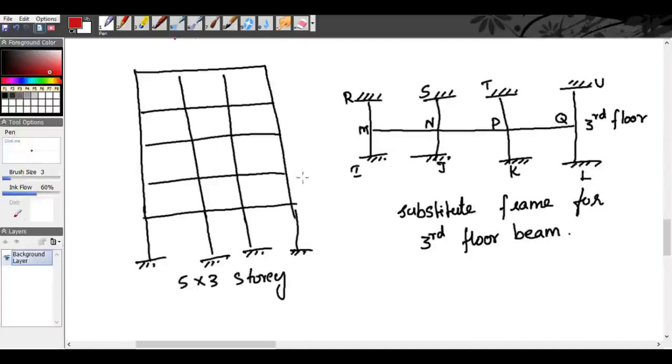The 3rd floor can be substituted like this: M, N, P and Q. For the columns, it is assumed that the far ends of the columns are fixed. So this is called the substitute frame for this 3rd floor.